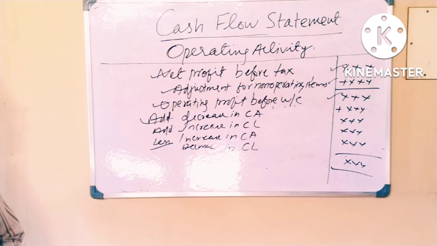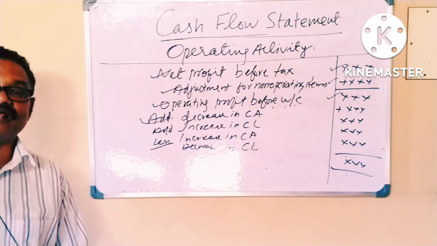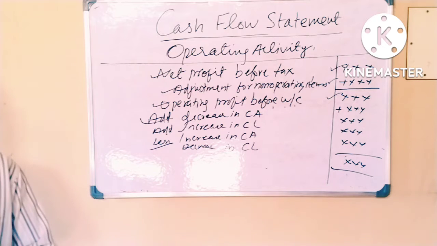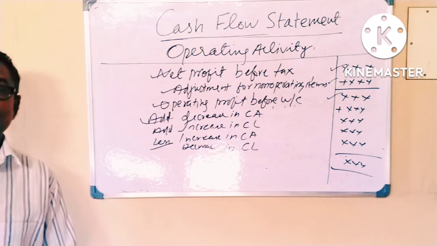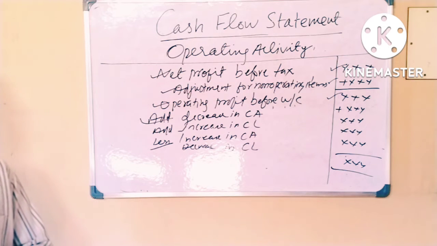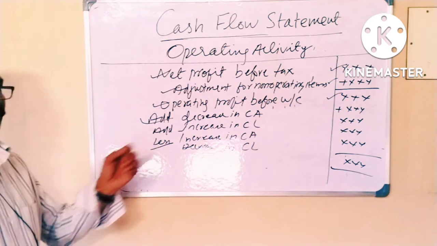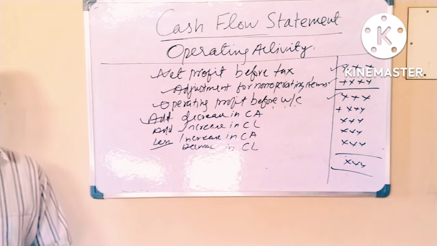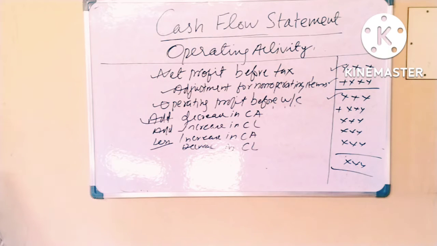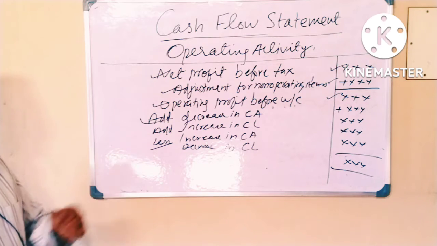Whatever the items related to current liability, the increased value must be added. How to take the increased value? First year small amount, second year big amount. We take the difference, and according to the rule of operating activity and the cash flow statement, we should add this amount.